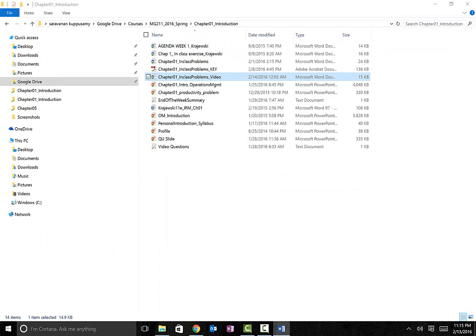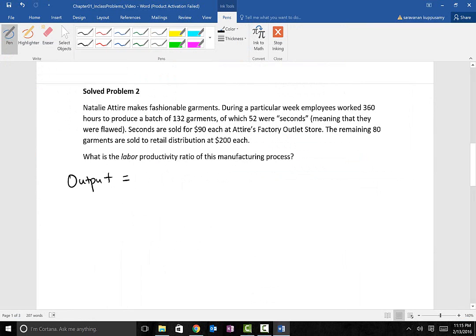So 80 garments can be sold at $200 per piece, and the rest, which is the low quality products, those 52 garments can be sold at $90 per piece.